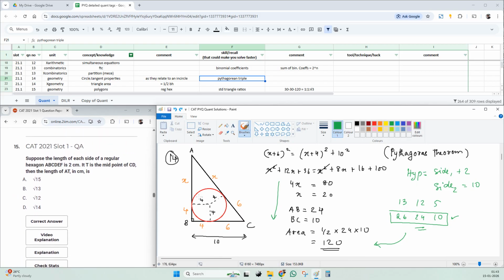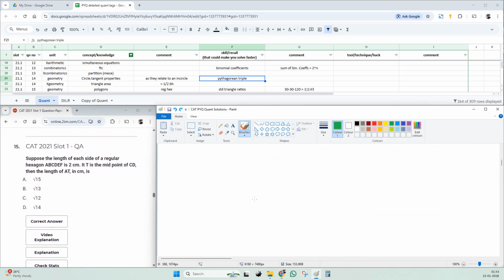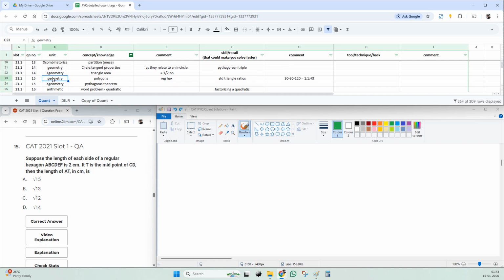Let's look at question 15. What are the tags? Just the two tags, I guess. Okay, suppose the length of each side of a regular hexagon ABCDEF is 2 centimeter. If T is the midpoint of CD, then the length of AT is how much?